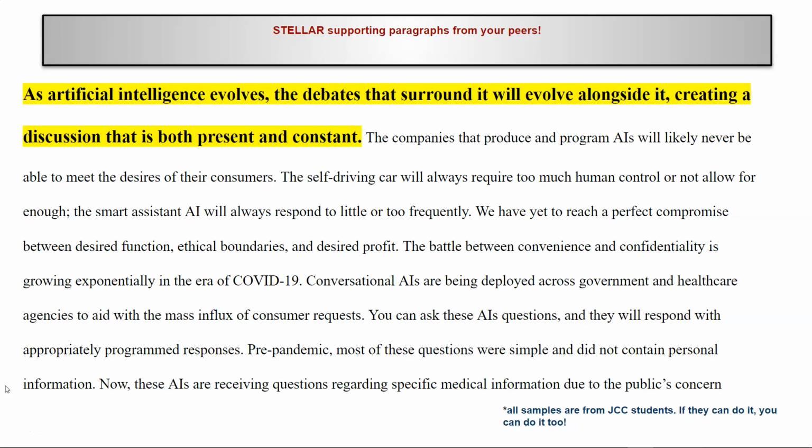You can ask these AI questions, and they will respond with appropriately programmed responses. Now, pre-pandemic, most of these questions were simple and did not contain personal information. Now, these AIs are receiving questions regarding specific medical information due to the public's concern.